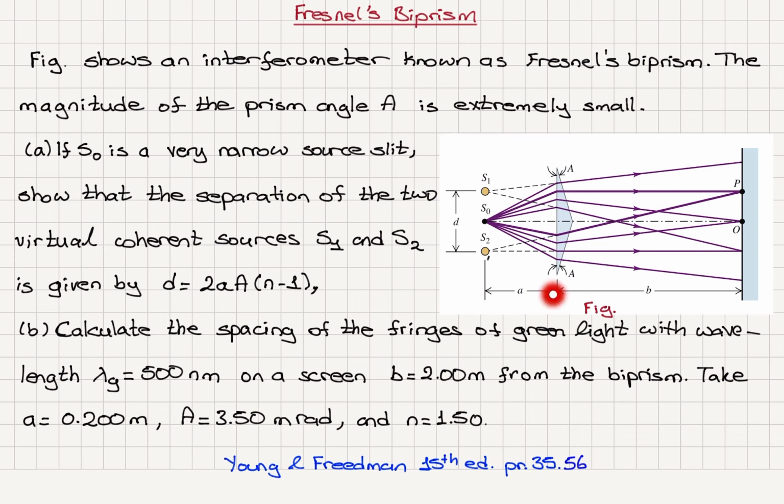Now, a is the distance between the Fresnel's biprism and the source, capital A is the prism angle, and n is the index of refraction of the material that the prism is made out of.